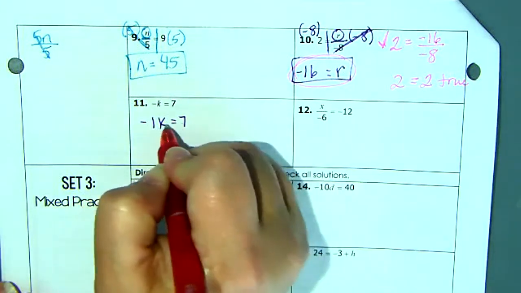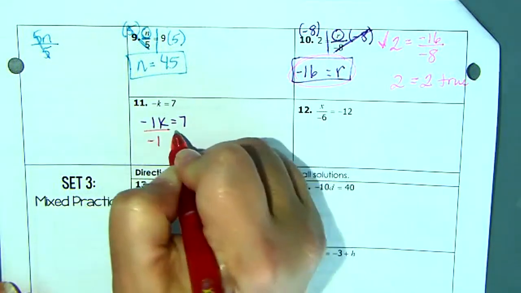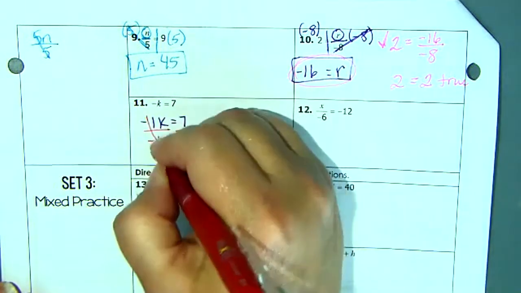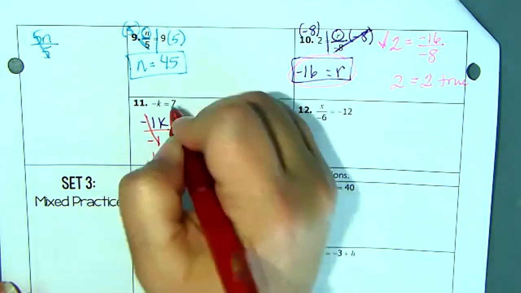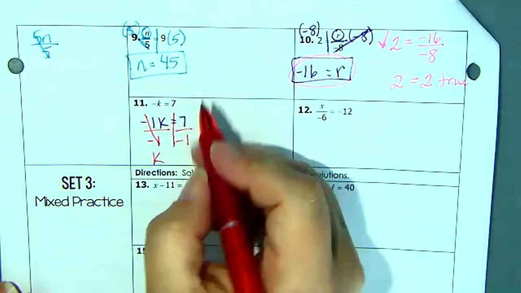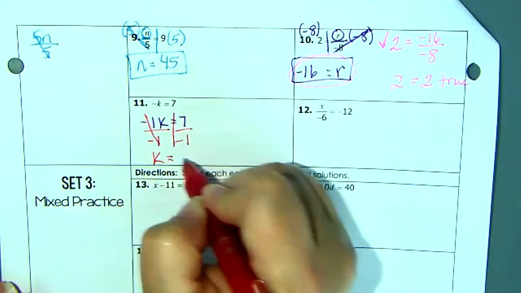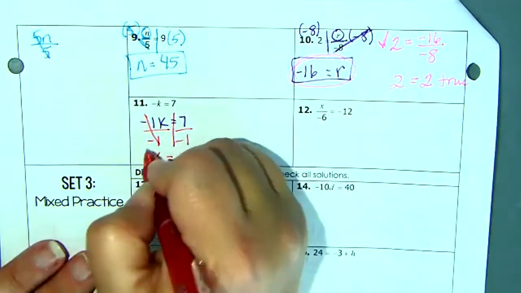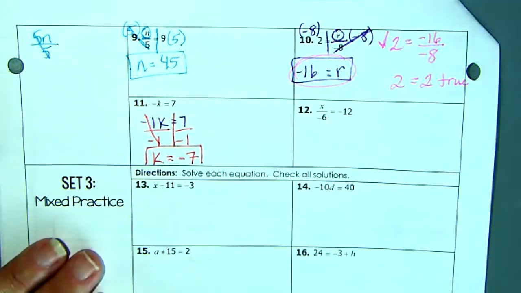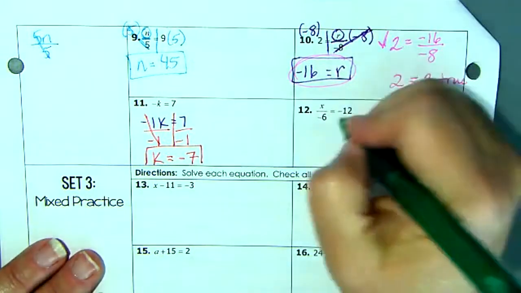So I'm going to now divide by negative 1 to both sides. This divides out. Negative 1 divided by negative 1 gives me a positive k. Oh, I forgot my equation wall. Shame on me, Wilson. 7 divided by negative 1 equals negative 7. So all it really did was just change the sign. But there's my answer.